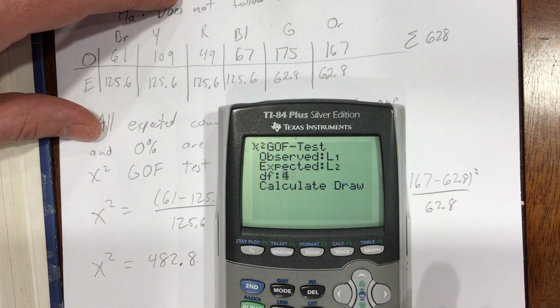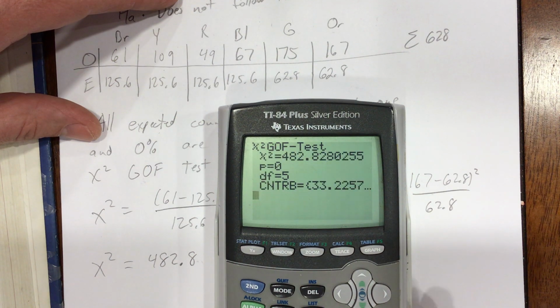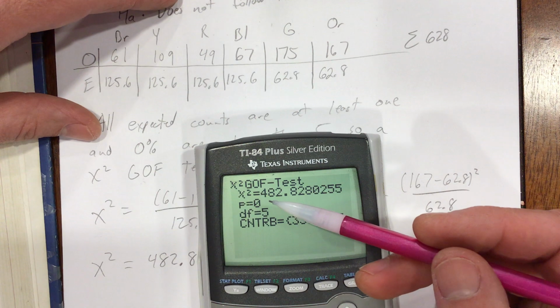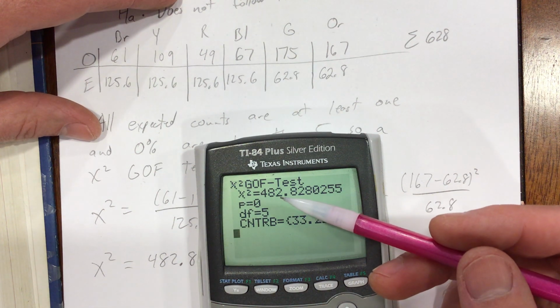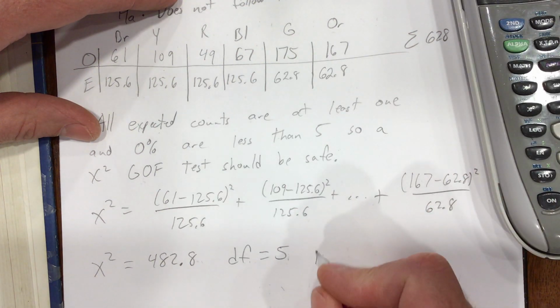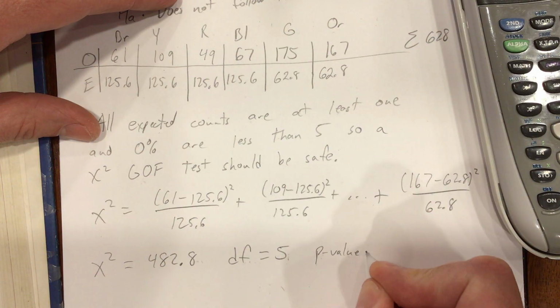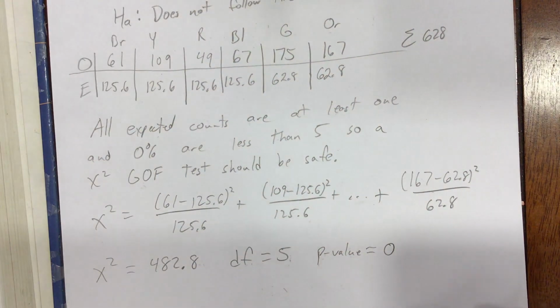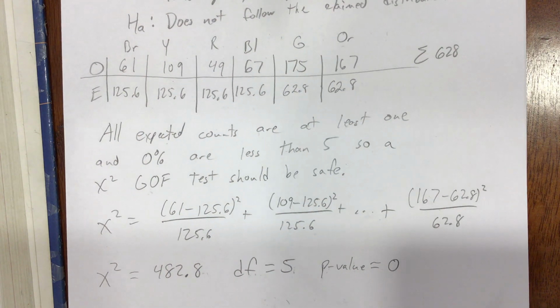Degree of freedom is 5. Yeah, look at that. It just says 0. That means it's so small the calculator rounds it to 0. So p-value approximately 0.